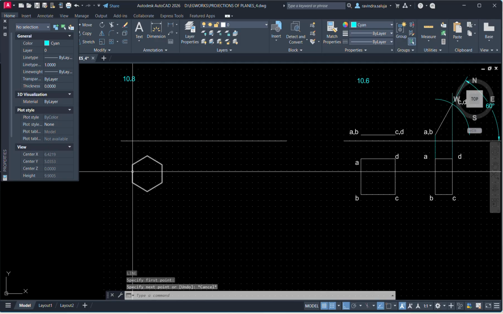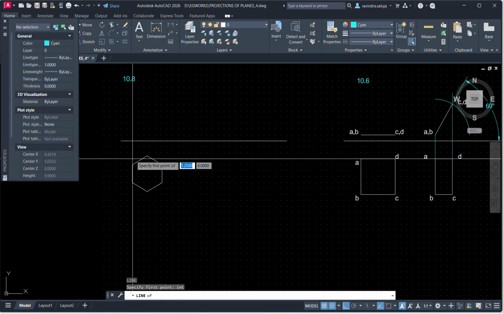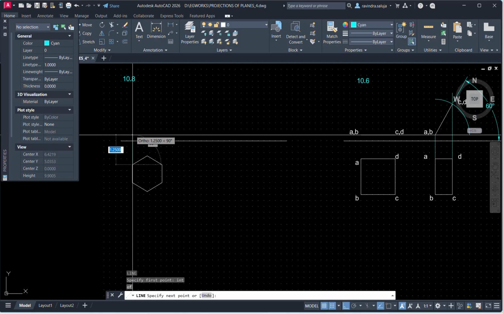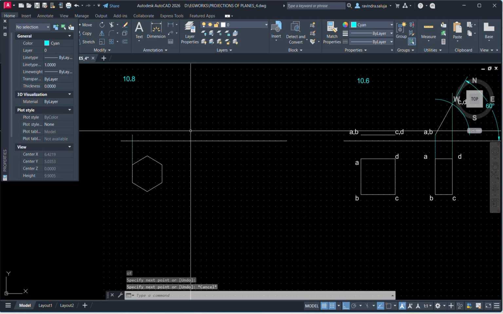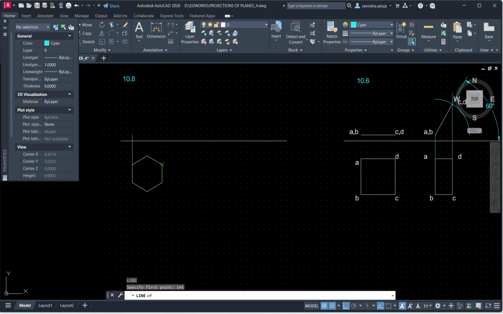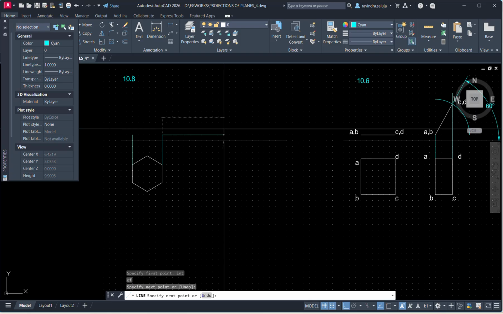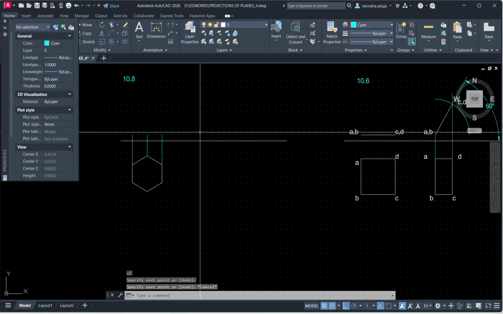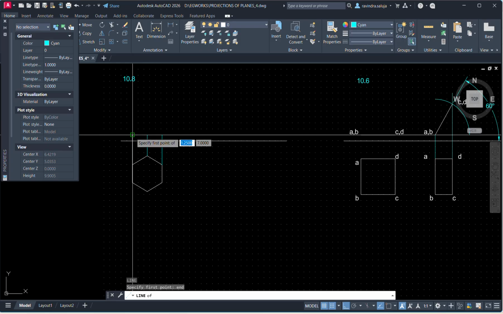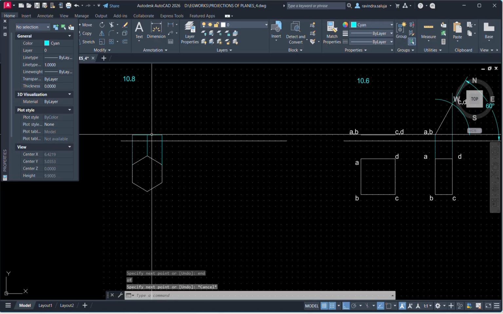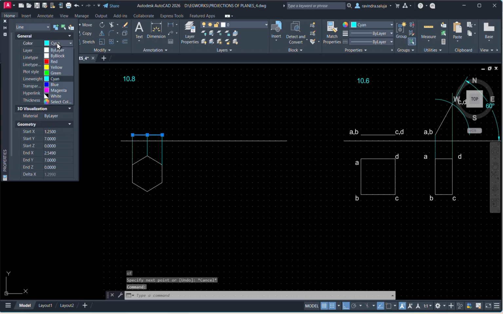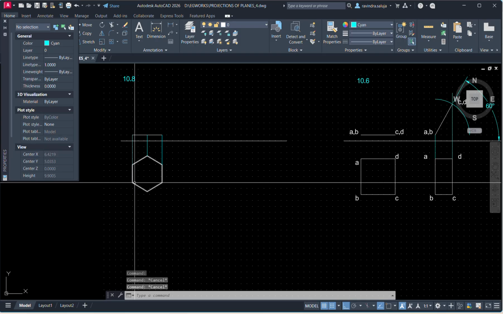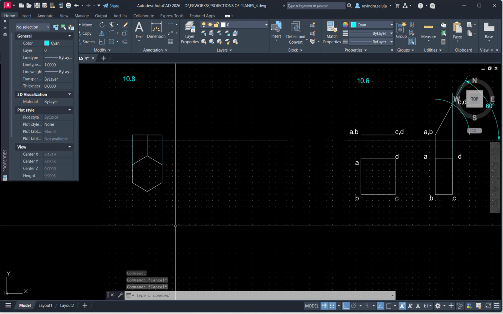So either you can transfer through this. Okay, now you can join. Okay, now you have to do the labelling part.